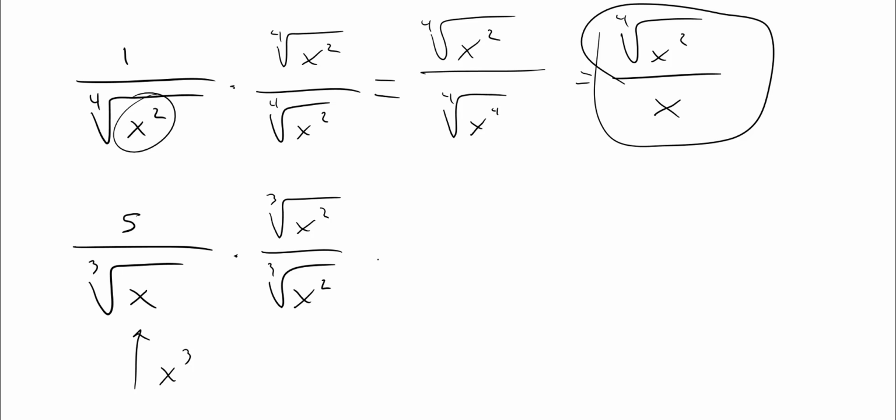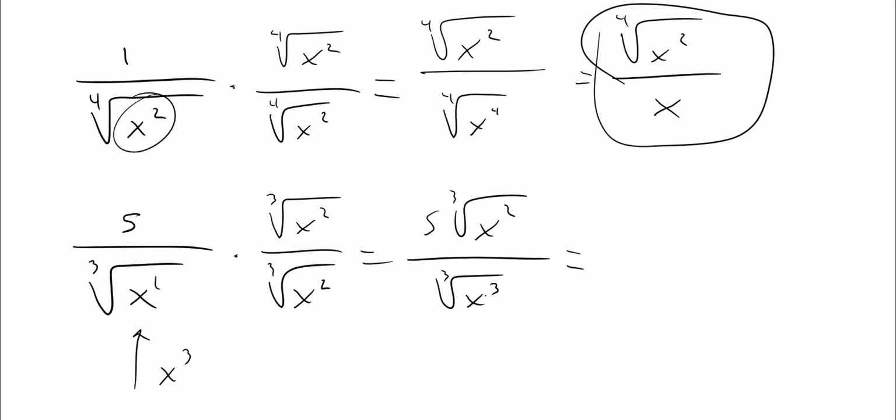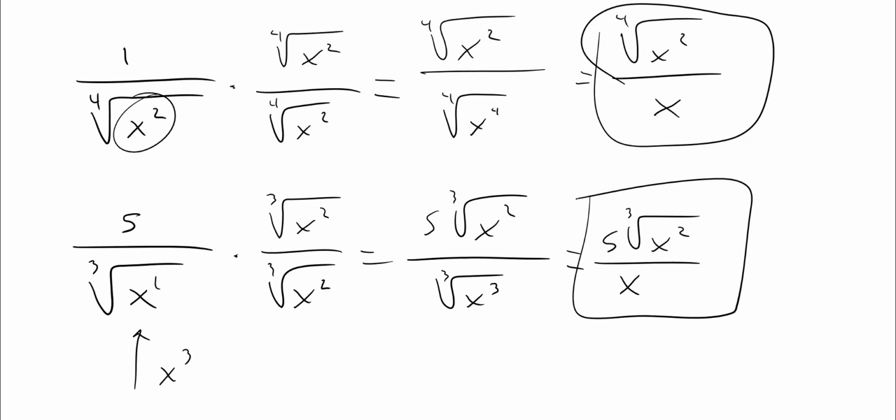Because that's going to give me on the top 5 times the cube root of x squared. And the bottom, x to the first times x squared is x cubed. And then the cube root of x cubed is x. And the top is going to stay just like that. So that's it. Done with the problem.